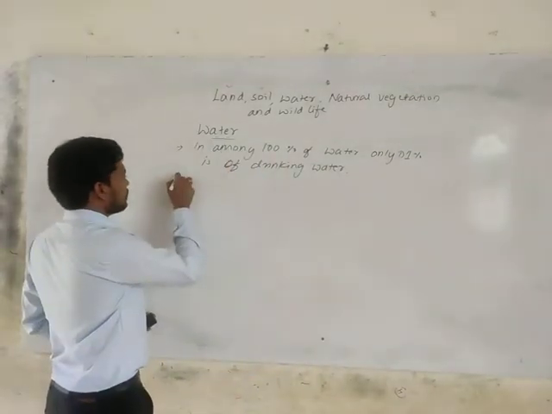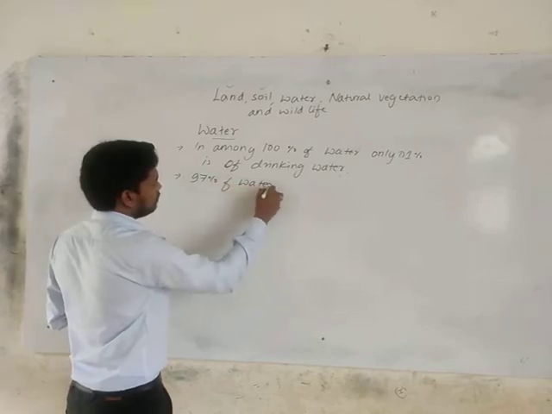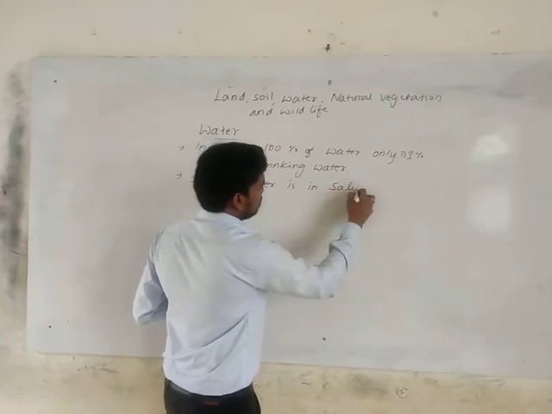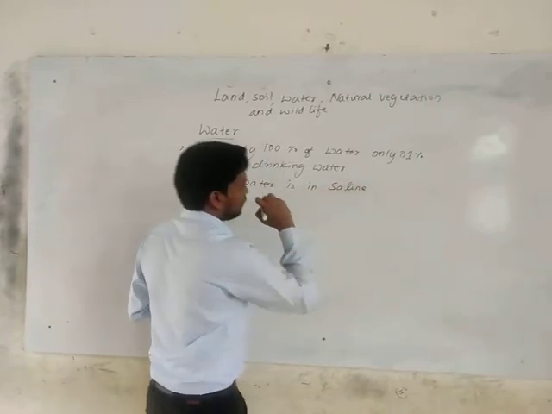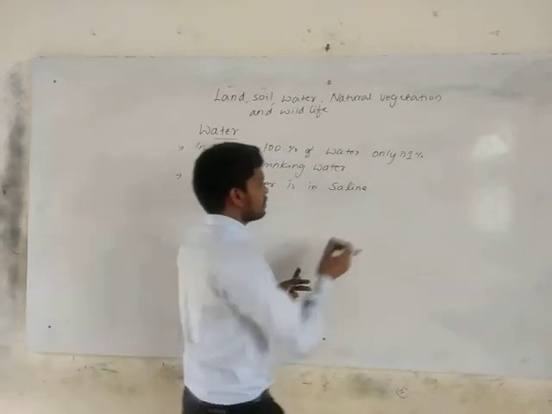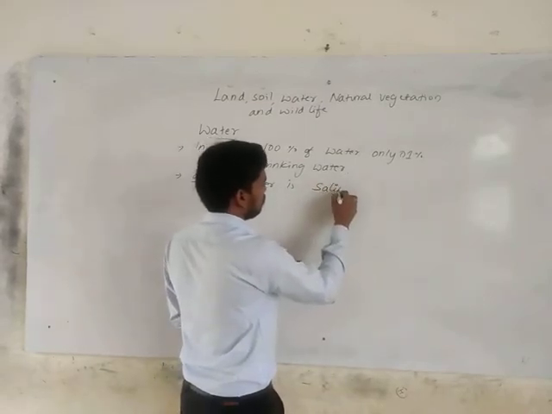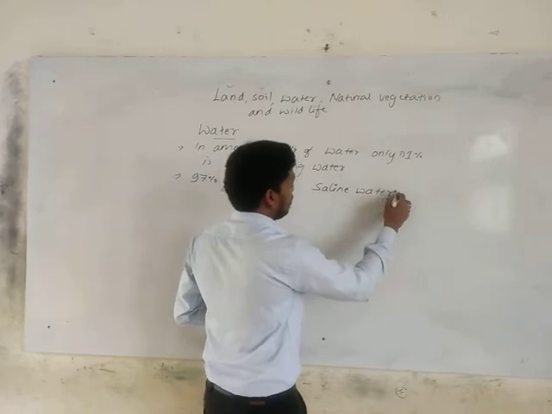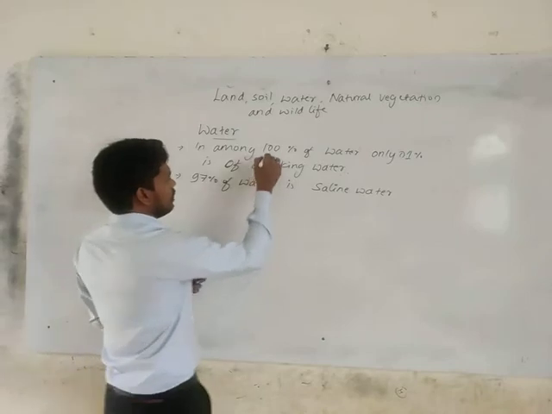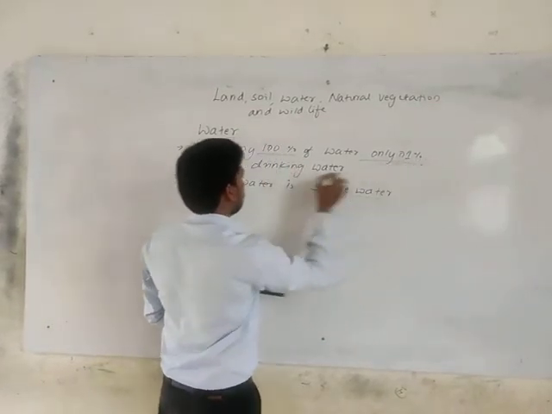The remaining 97% of water is saline water. Among the 100% of water, 97% is saline and only 1% is drinking water.